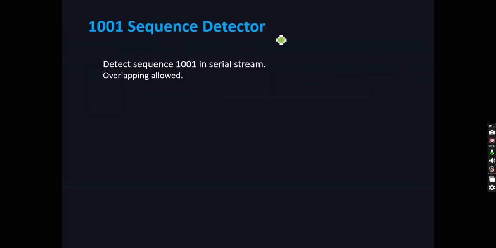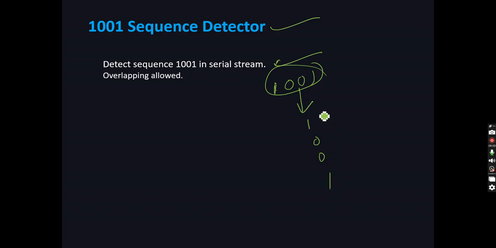See, we are going to design a 1001 sequence detector, just for understanding how the code will behave and what the structure of the code will be. We detect 1001 in a serial stream. We are not giving the 4 bits together; we give the bits one by one: 1001.